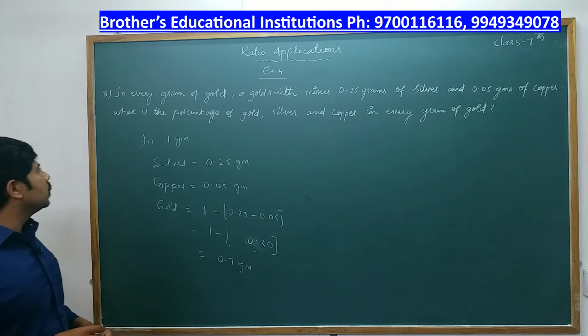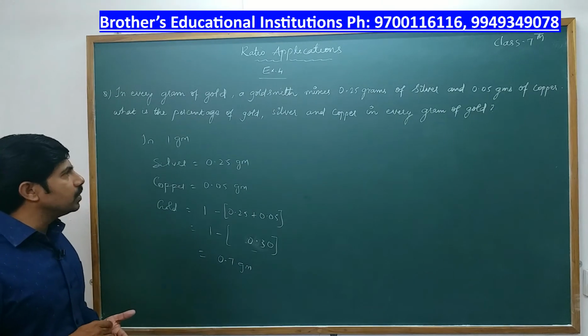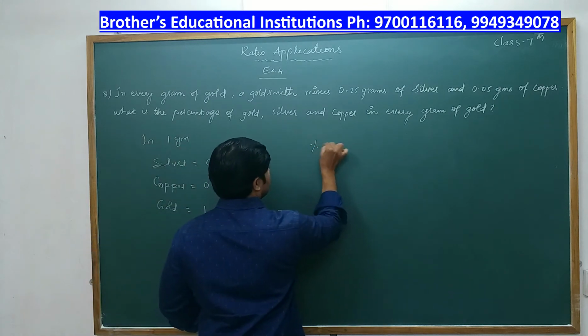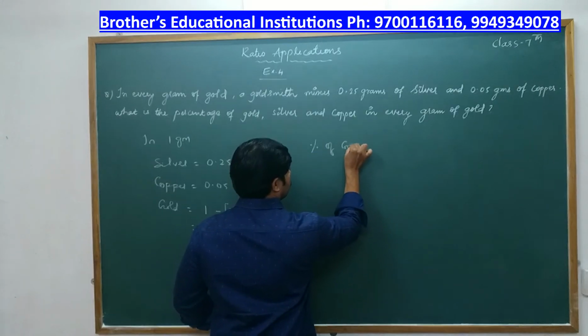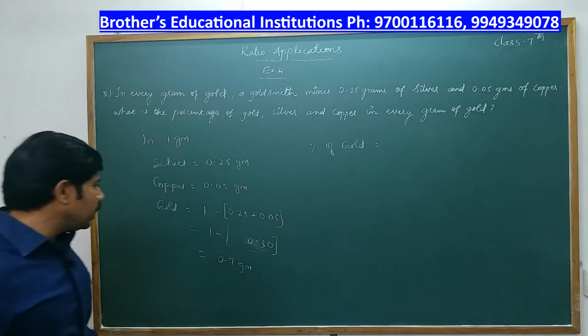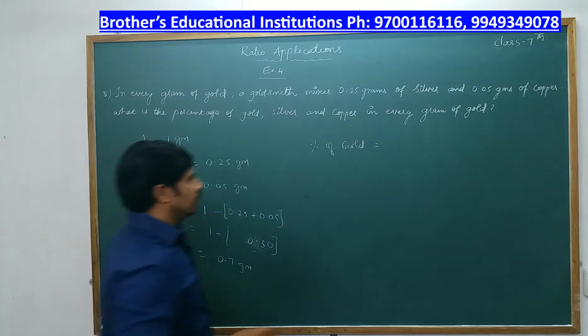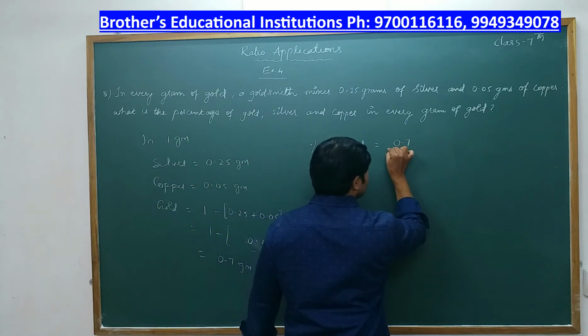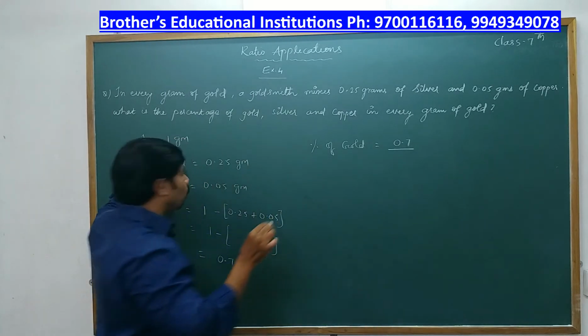Now we have to find the percentage of gold, silver and copper. First, the percentage of gold. Gold is 0.7 grams in 1 gram.